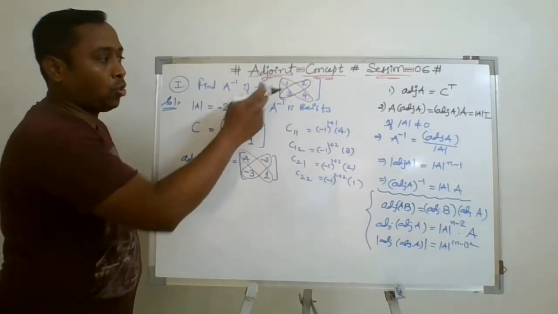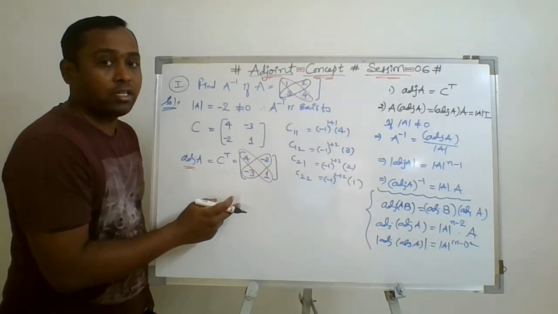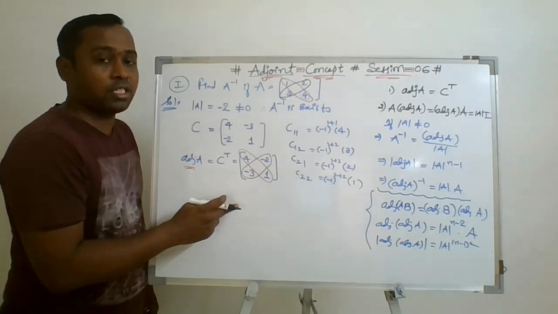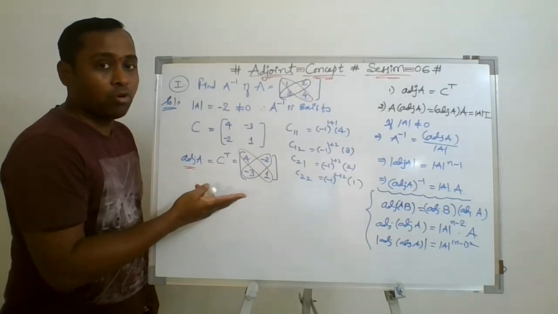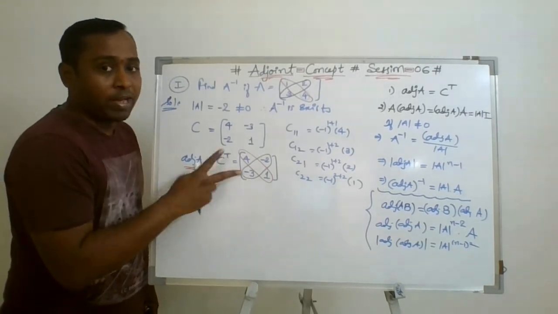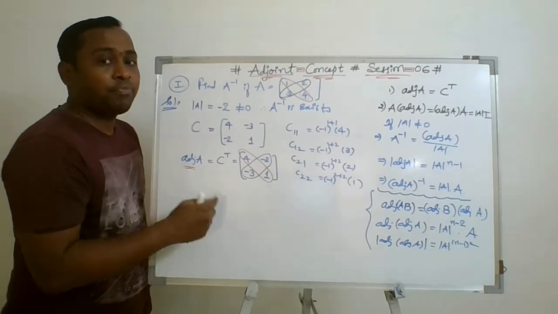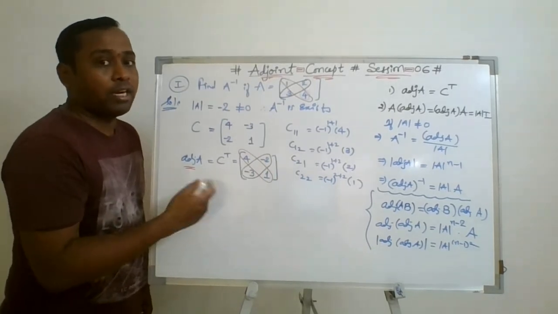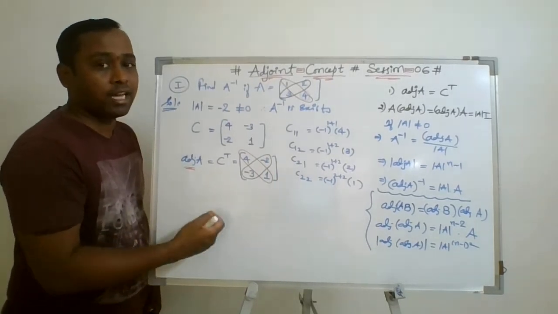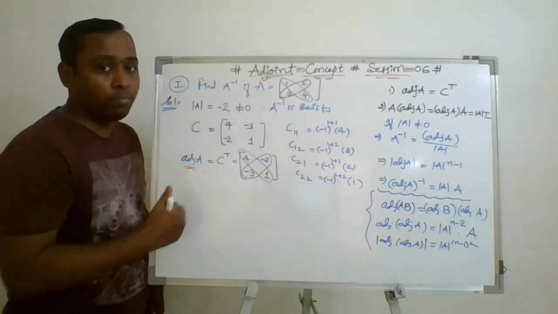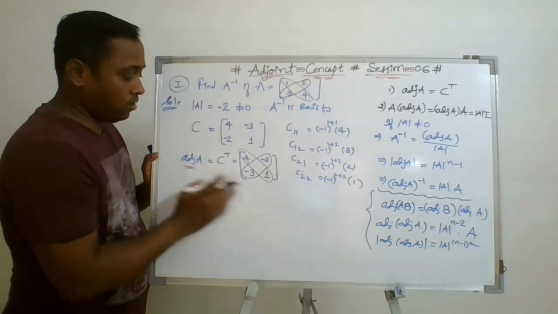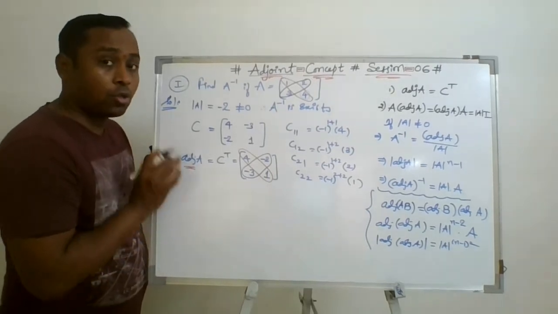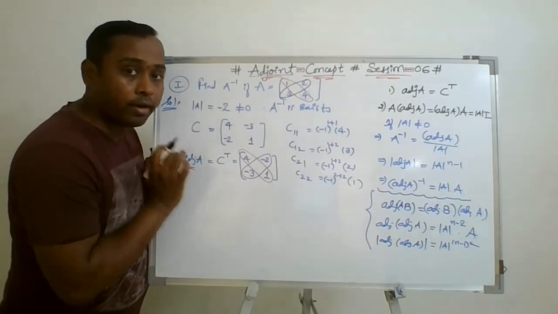So it is a shortcut trick to find the adjoint of a matrix simply by swapping the main diagonal elements. For the other diagonal elements, you just need to change the sign. If it is plus, it becomes minus, and if it is minus, it converts to plus. So this is a shortcut way to find the adjoint of a square matrix of 2 by 2 order only.